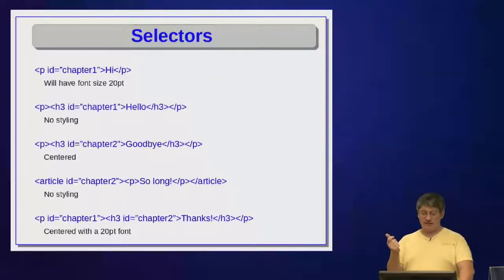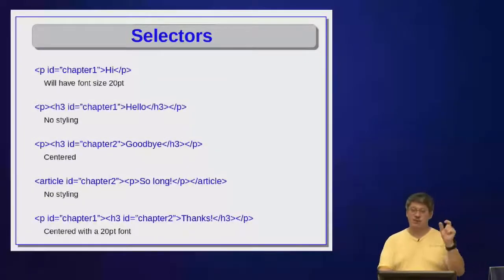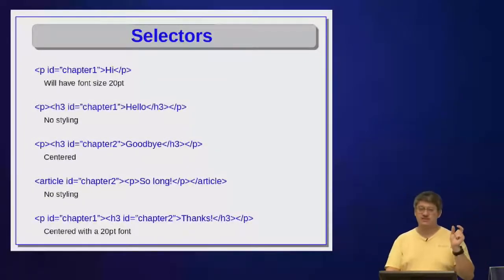That's going to have a 20-point font because any paragraph with ID chapter 1 will be put in 20-point font. However, if I have a paragraph, and inside that paragraph I have a third level header tag, an H3 tag, and that H3 tag has the ID set to chapter 1, no styling will be applied because even though the ID is chapter 1, the ID isn't set to chapter 1 on the paragraph. The ID is set to chapter 1 on the H3 tag, and H3 is not a paragraph.